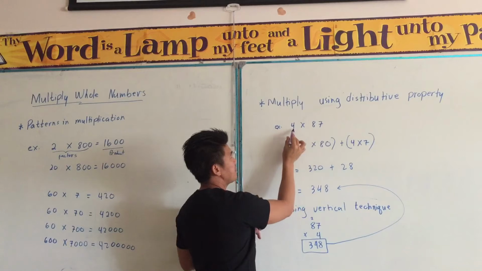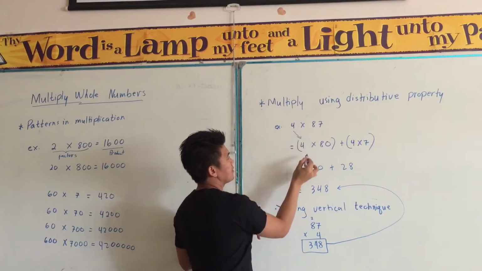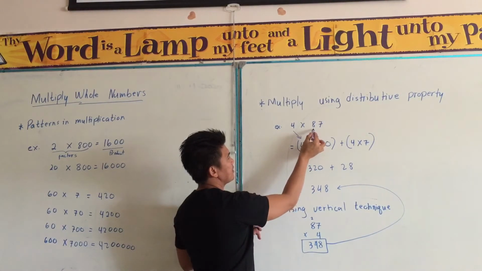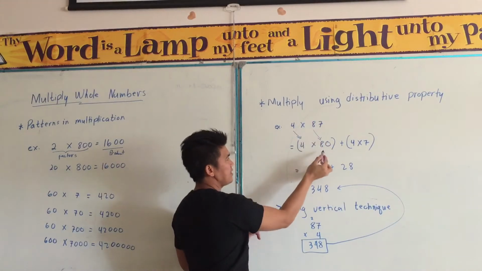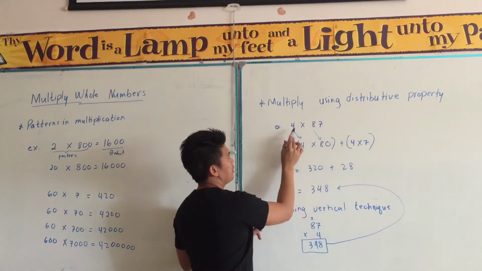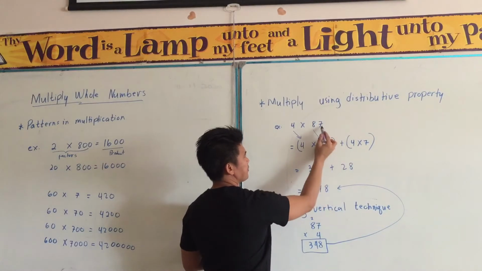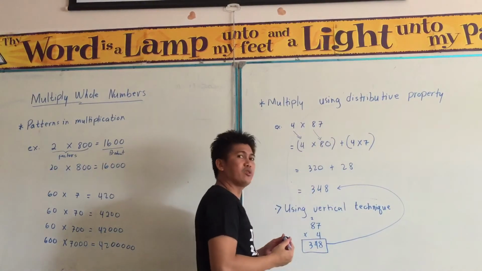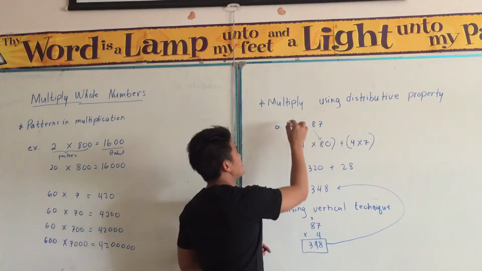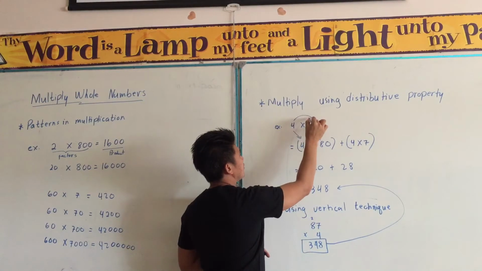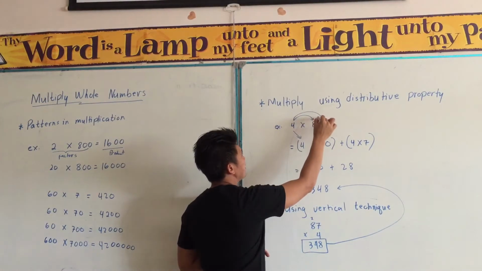So 4 from here times 80 plus 4 again times 7 from here. This is called the distributive property. We distribute 4 to 8 and 7.